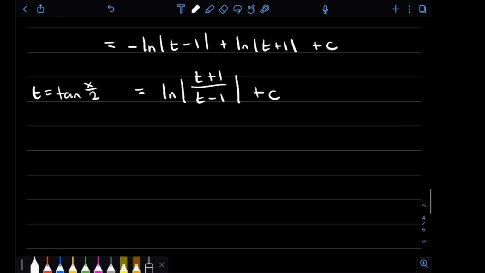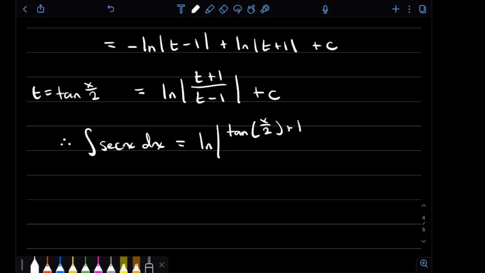So that means that, and finally down here, I'm going to write down the integral of secant of x dx is equal to the natural log of the absolute value of tangent of x over 2 plus 1 over tangent of x over 2 minus 1, plus c.